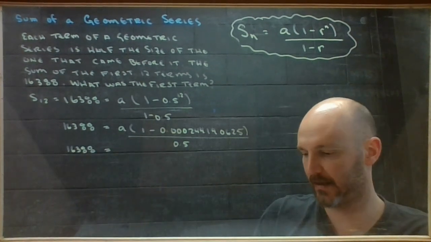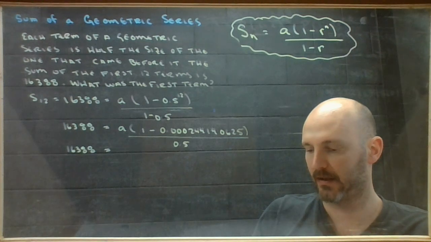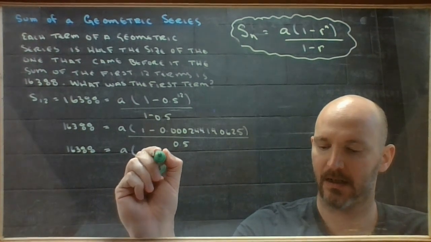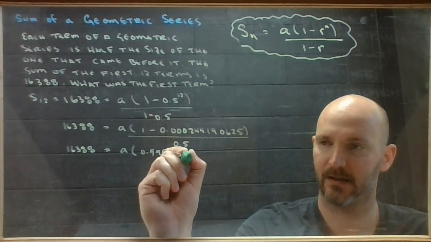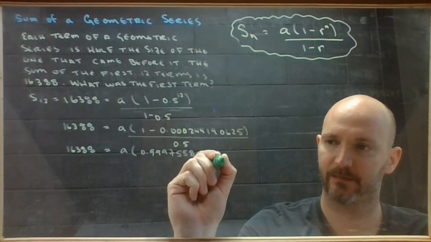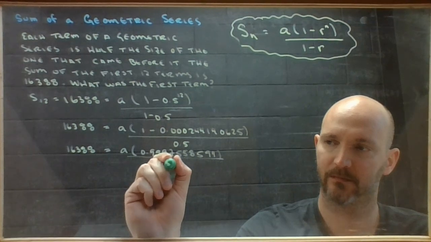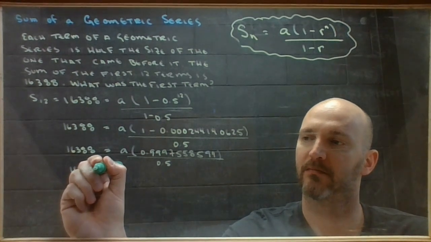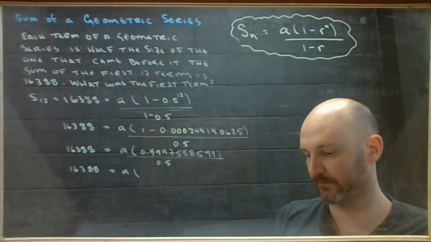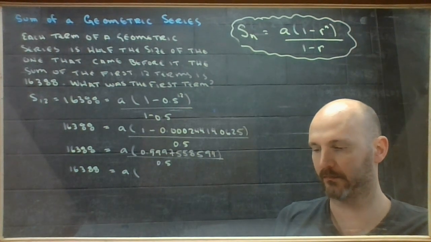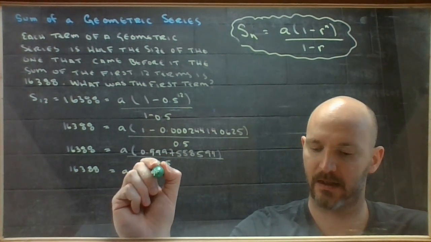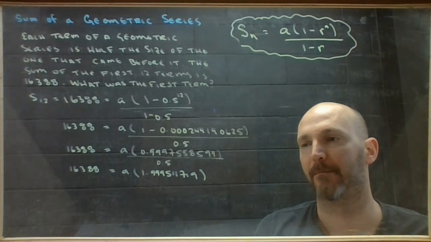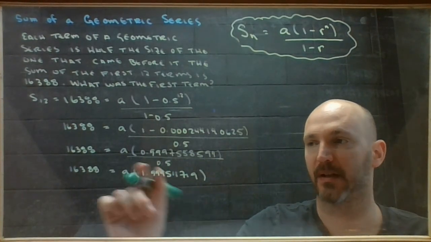So 1 minus that number, 1 minus my answer, gives me 0.9997558594. We'll do this divided by 0.5, which gives me 1.999511719. And to finish, I just need to do this divided by this.